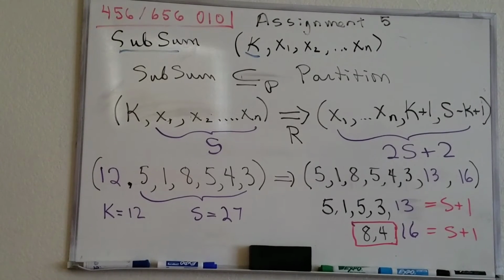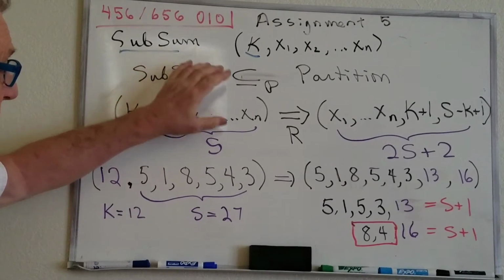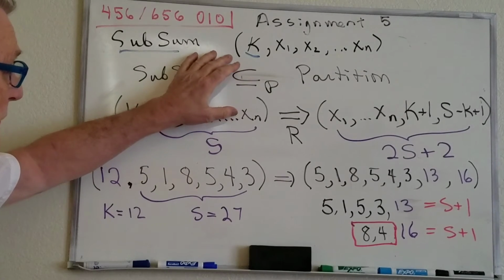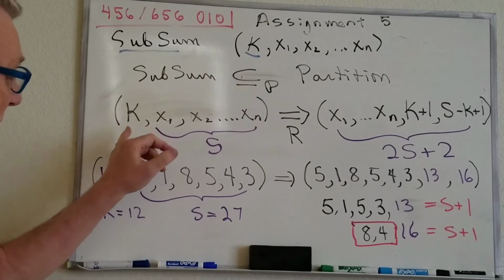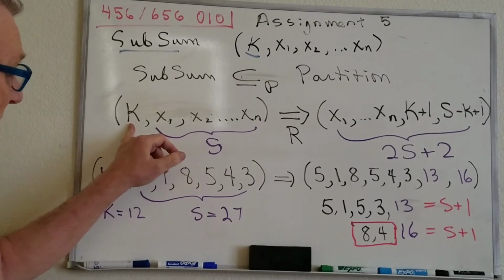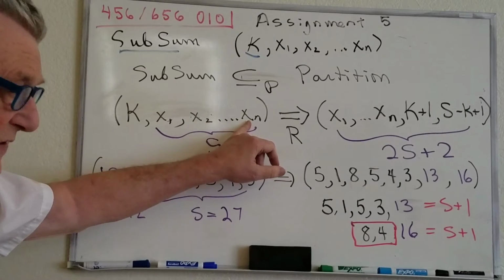Now we're going to show a reduction here, of the subset sum problem to the partition problem. We could take an instance of the subset sum problem, which would be a number k followed by a sequence of other numbers.